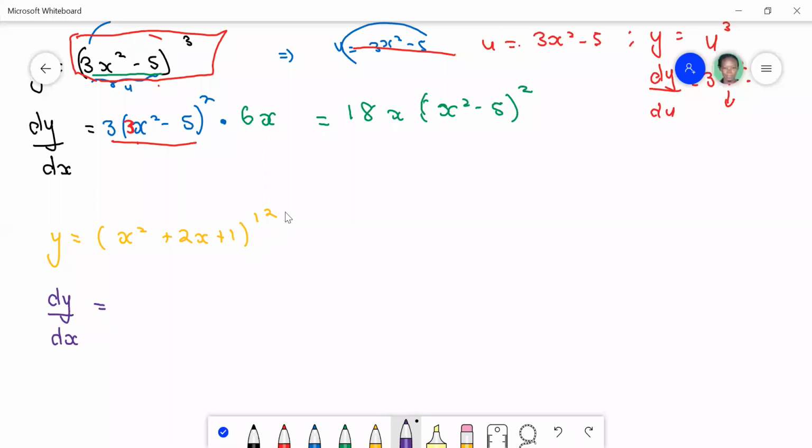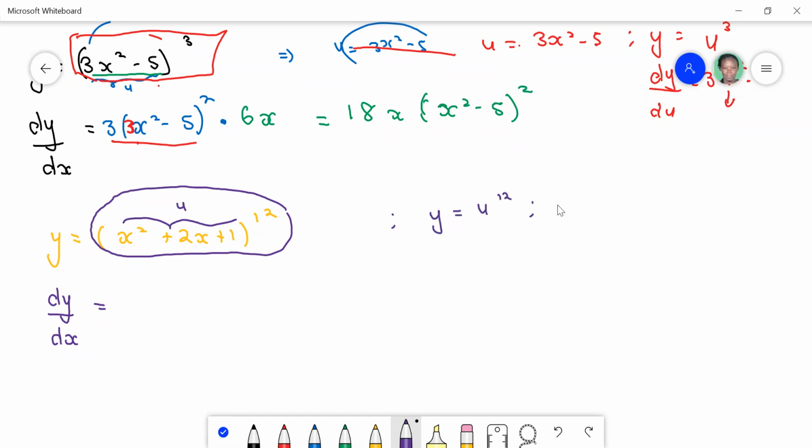We differentiate the whole of this. Let's treat it as a variable u, so you have y equal to u to the power 12. If I find dy/du, I have 12u to the power 11.